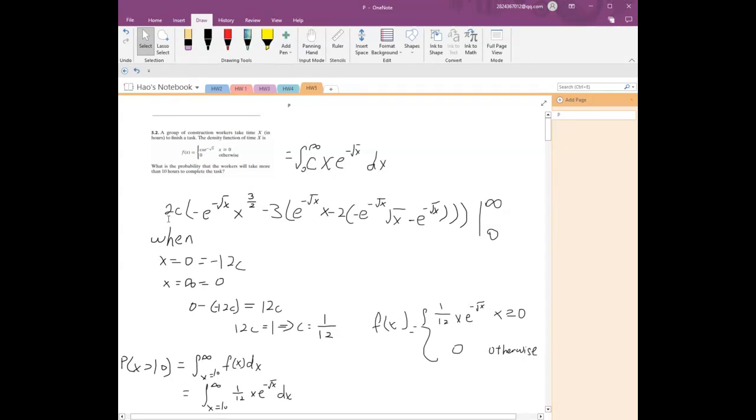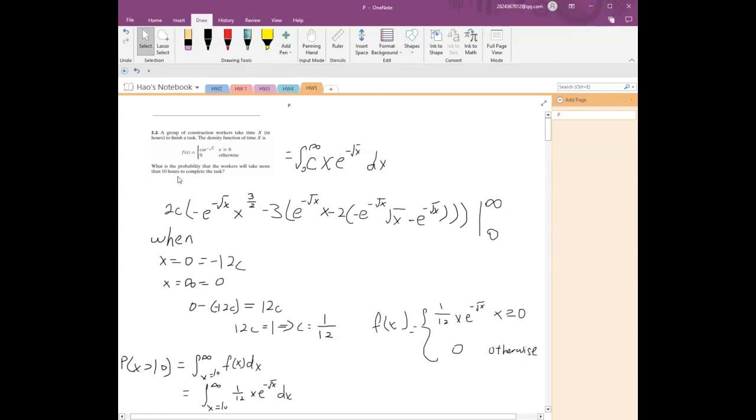When you integrate dx, you get this, and then evaluate from 0 to infinity. When x is 0, you get minus negative 12c. When x is infinity, you get 0. And then C is 1 over 12.